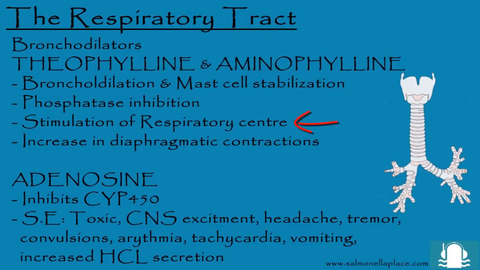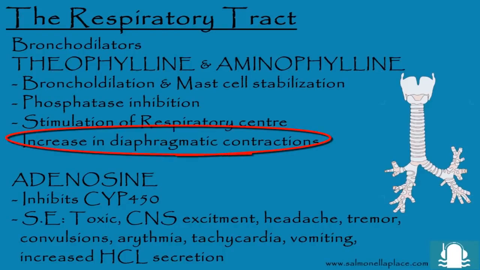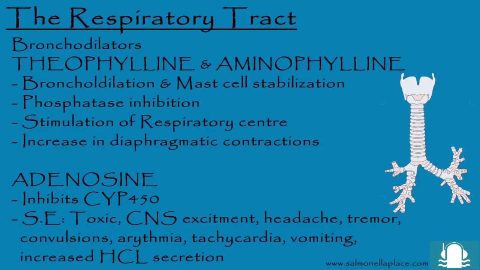They stimulate the respiratory center in the brainstem, and they sensitize it to carbon dioxide because asthmatics have hypercapnia, which causes desensitization. They also increase diaphragmatic contraction. They are used as a prophylaxis. They last for about 12 hours and have a slow release. They steady the plasma concentration.